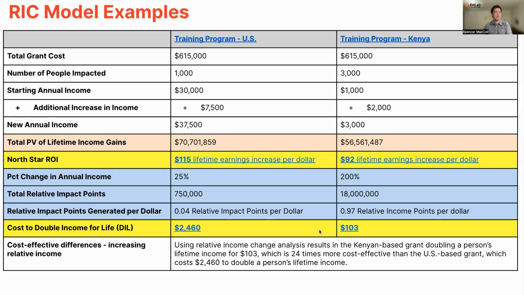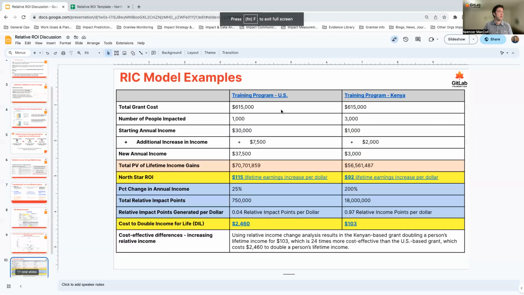But if we flipped it to the relative model, we find that the training program in Kenya could be 24 times more cost effective than the US program. So it really matters which model we use to estimate the improvements here on a cost-effective model threshold.